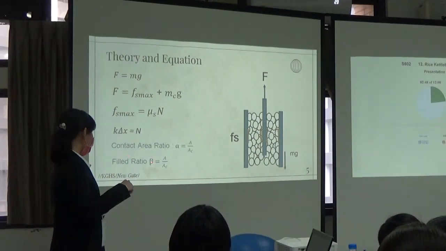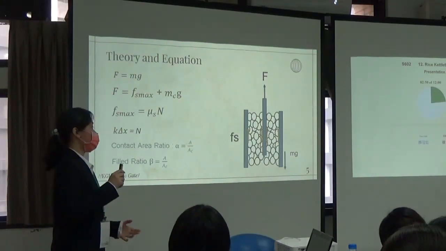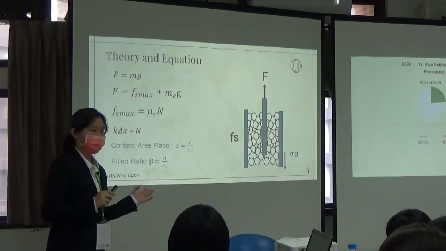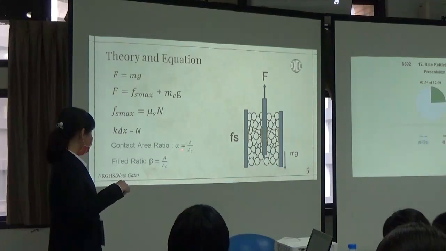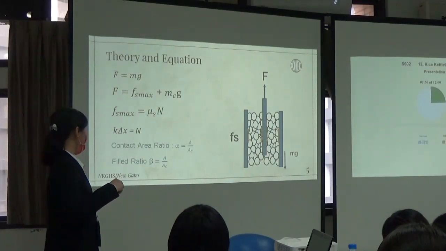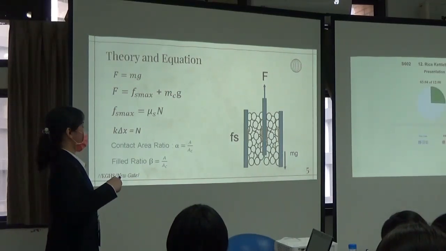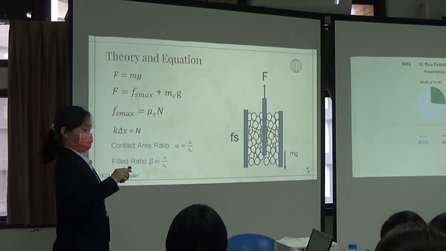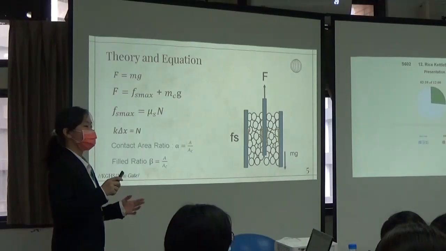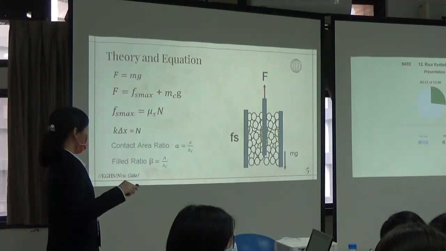So by beta we can know how compact the rice or filler is. From this equation we can know N, and furthermore Fs max, and going back to this equation we find the maximum F, which equals mg, telling us the biggest mass that we can pick up with this structure.